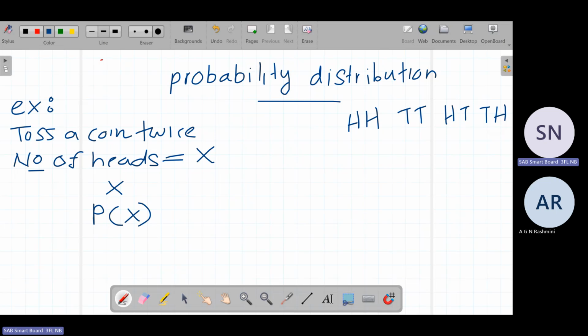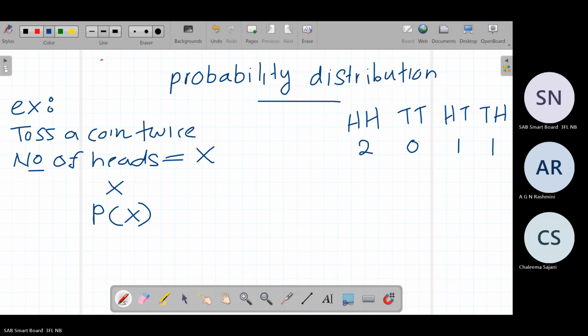How many heads are there? 2, then 0, 1, 1. So what numerical values can we assign to this random variable? 0, 1, 2. Why? Sometimes we can get no head, sometimes only 1 head or 2 heads. The maximum value we can assign is 2. So the x values are 0, 1, 2.